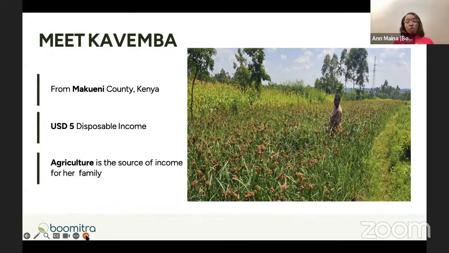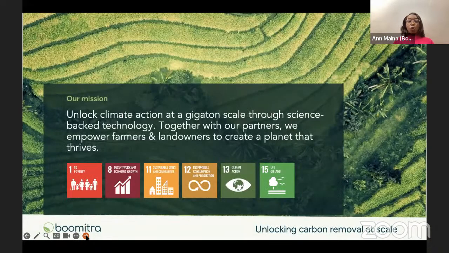So how do you work with farmers like Kavemba to create sustainable solutions, not just for you, but also globally? That is where Bumitra's solution comes in. At Bumitra, we are building an ecosystem that aims to empower the 570 million smallholder farmers across the world, and we plan to enable them to adopt improved agricultural practices.